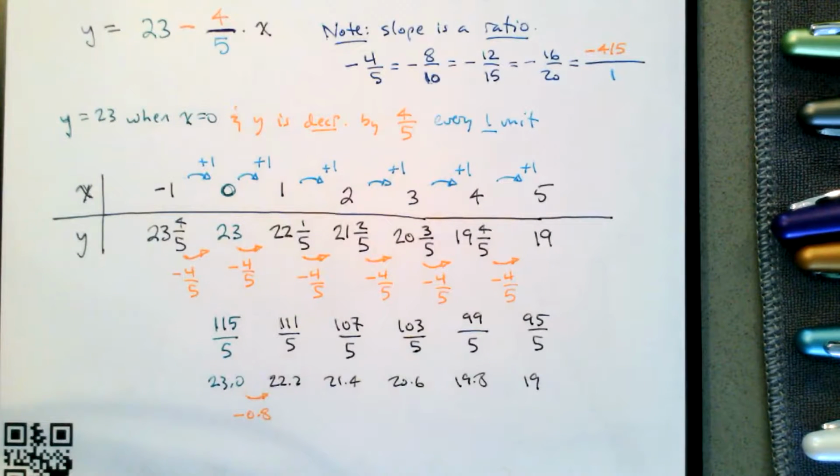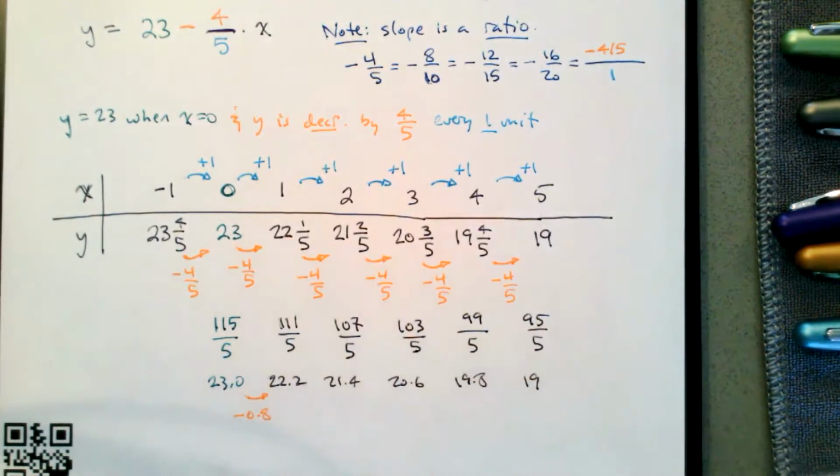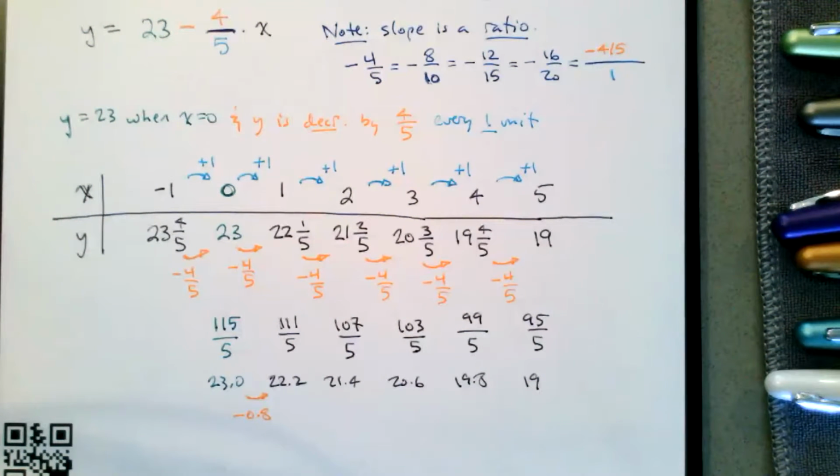Maybe this is why I chose 5, so everything's like a nice 0.2. Because if I was using 1/3, then the decimal is 0.3 repeating, and that's just too much to write, I guess.